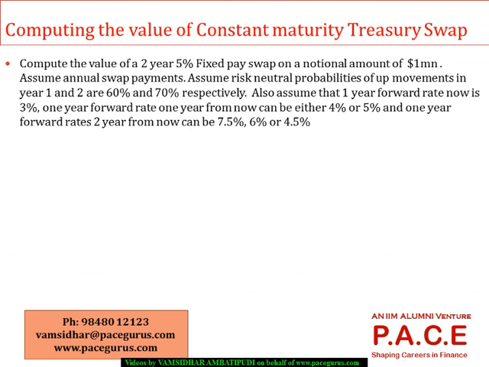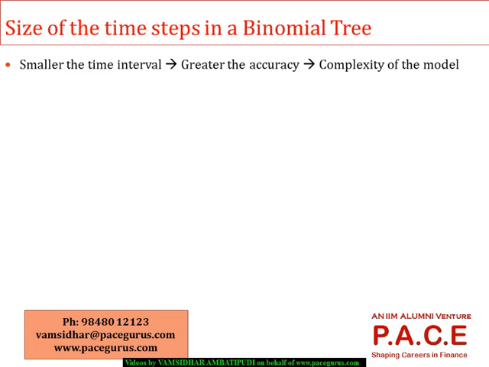So even with respect to the swap, we are comfortable in terms of how to find out the value of the swap also. So any kind of derivative security, we can very comfortably find the value of that once we have an interest rate tree in place.